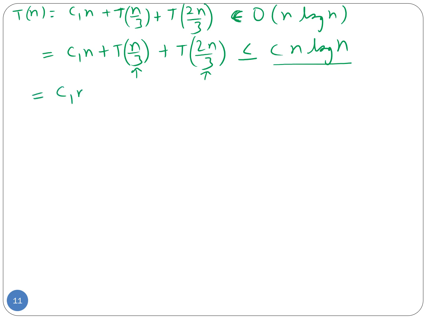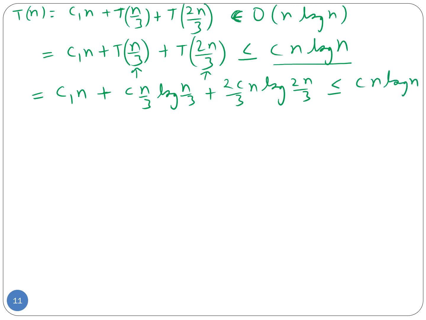So we'll get C1n plus Cn by 3 log of n by 3 plus 2Cn by 3 log of 2n by 3. This should be less than or equal to C times n log n.